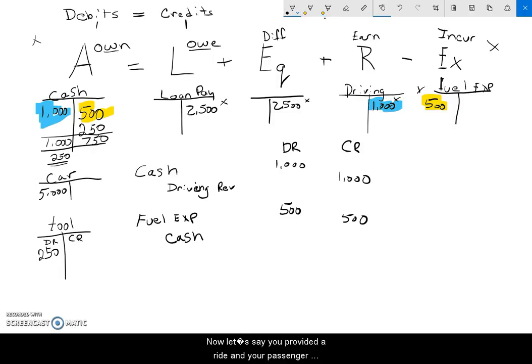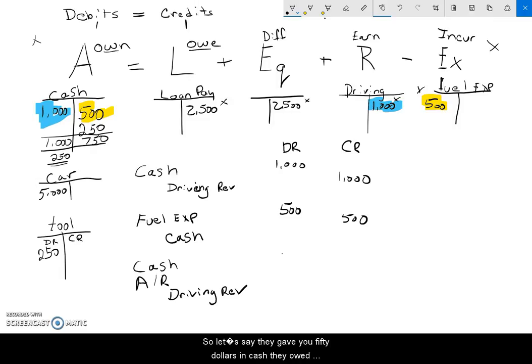Now let's say you provided a ride and your passenger paid you half in cash, half on a credit card. The entry would look like this. You would debit the amount of cash that you received, debit the amount you're going to receive in accounts receivable, and you would credit the revenue for the full amount.